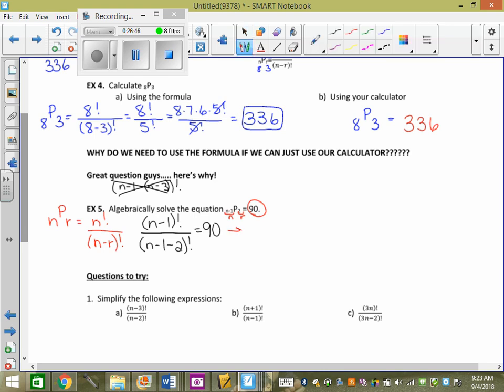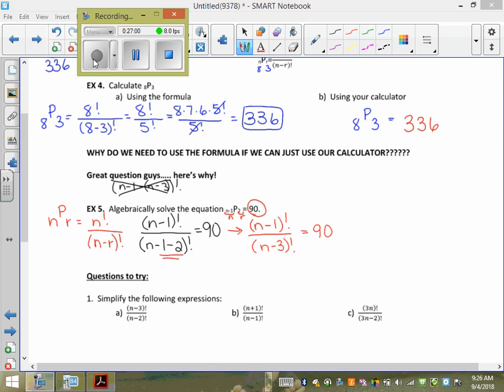We're going to do n minus 1 factorial over n minus 3 factorial, because I can just collect like terms, right? Equals 90. Now you try it out. See how you do. So we expand. Which one's bigger, n minus 1 or n minus 3? N minus 1, because if I filled a 3 in, this would be 2 and this would be 0, right?